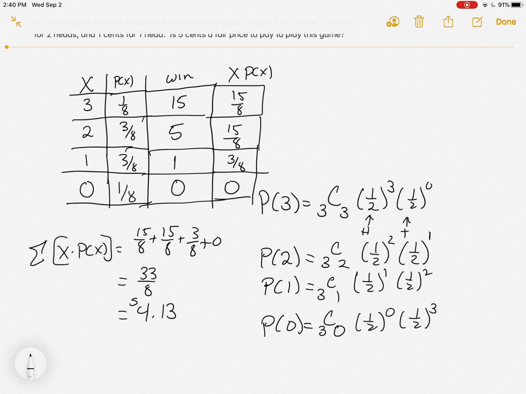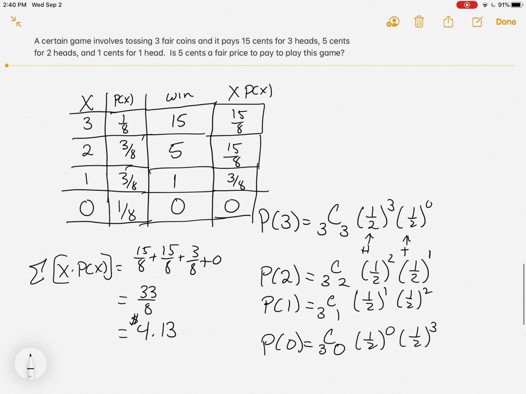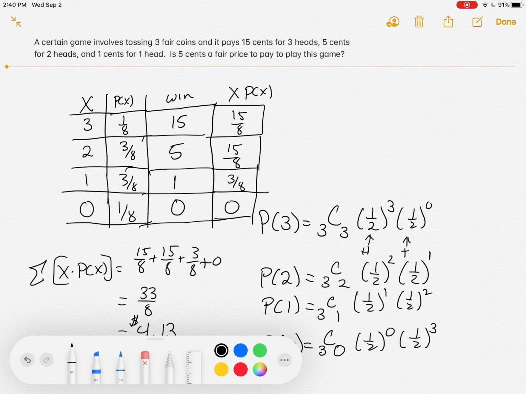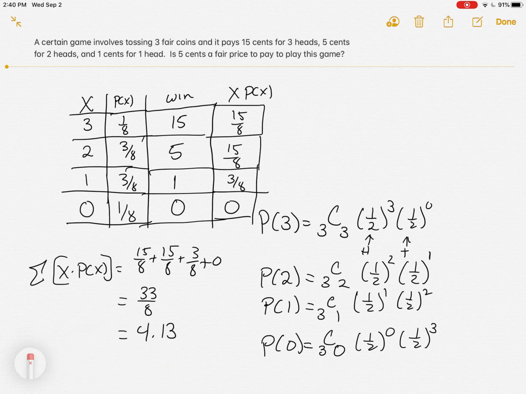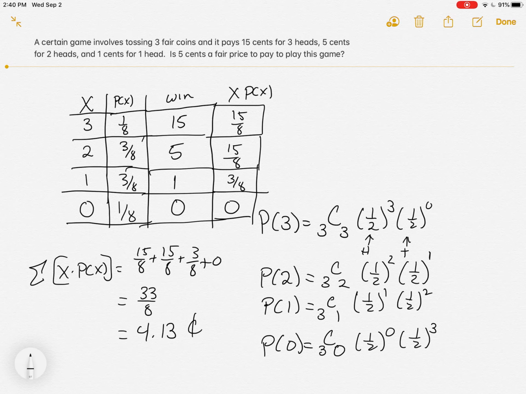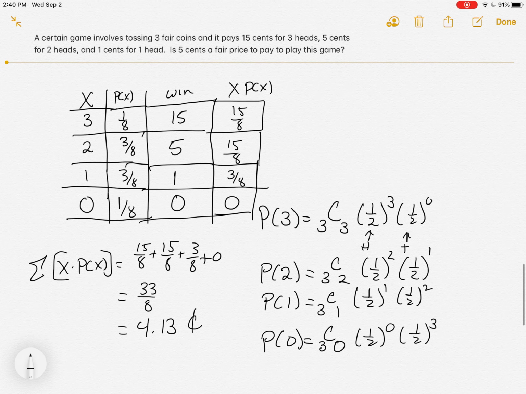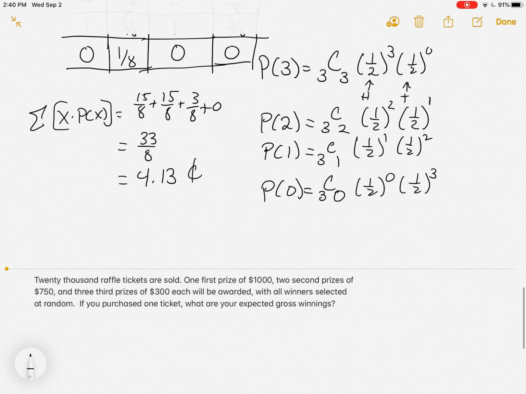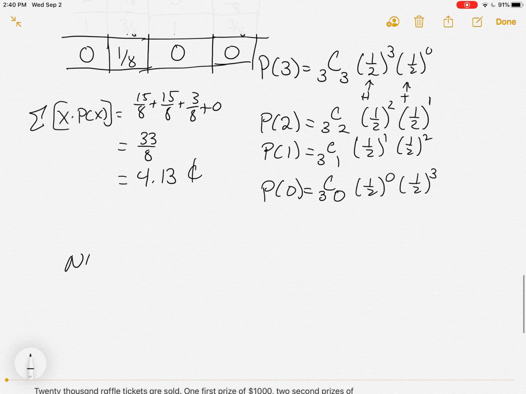So maybe we'll put 4.13. That's our expected winnings. Now, I put dollars, right? It's not dollars. My mistake. Everything was in cents. This is 4.13 cents. So, is it a fair game if it costs 5 cents to play? The answer is no. This is not a fair game.